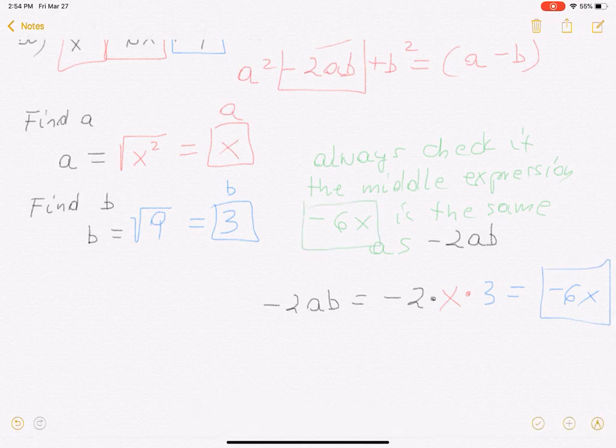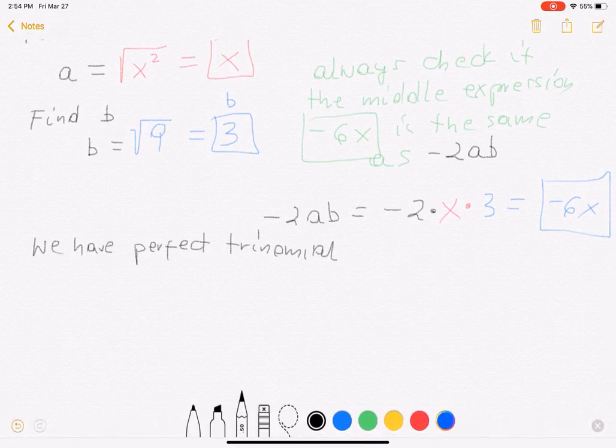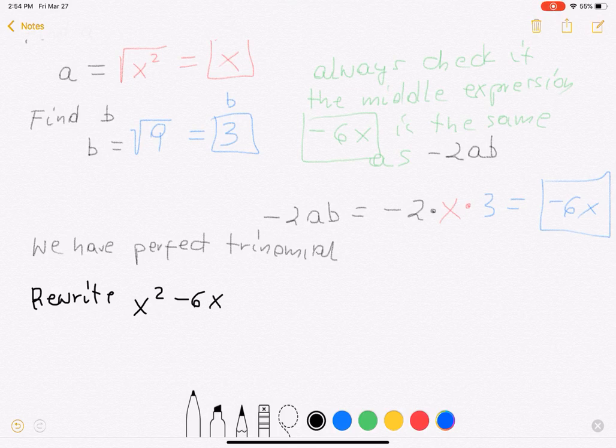So now for sure we have a perfect trinomial. Rewrite x squared minus 6x plus 9 as a minus b to a second power.